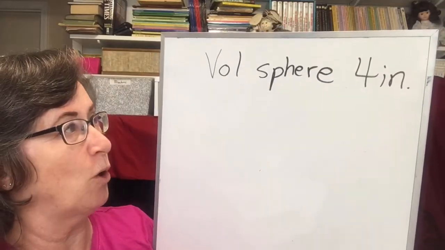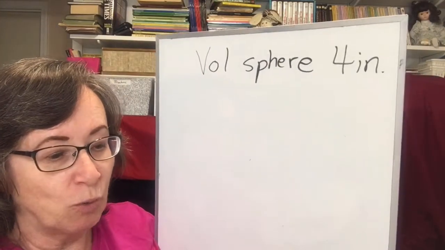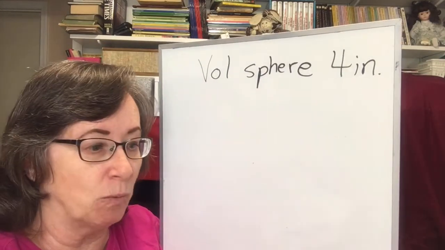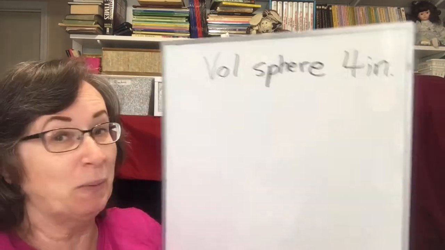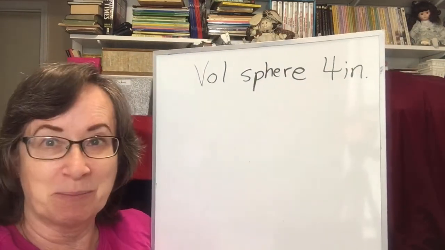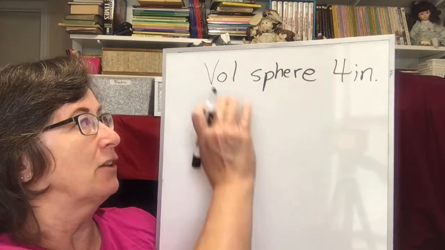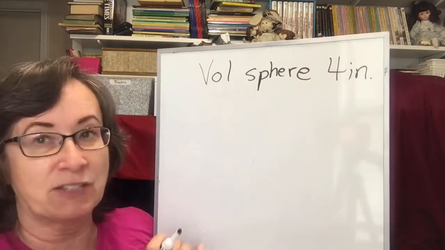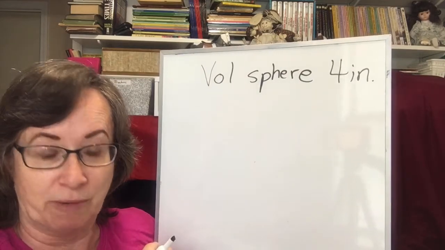All right, so the last video, we did A, B, and C on your practice with 91.A, and so we only have 2 problems to do for our practice for the 91.B. We're almost done. So the first practice is D. It says find the volume of the sphere that has a 4-inch radius.